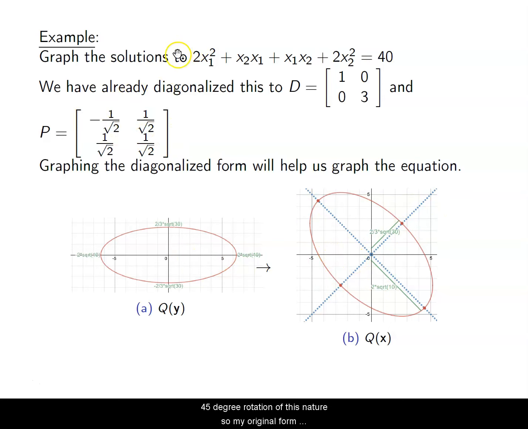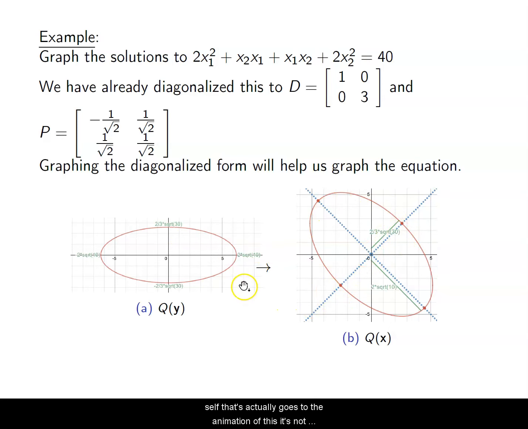So my original form, this form that I actually want, Q of x, I find by first graphing the diagonalized form and then applying this rotation transformation matrix, which is made up of my eigenvectors, to get my actual value. So what was 2/3 square root 30, it's still the minor axis, and it has a length of 2/3 square root 30. So let's actually go to the animation of this.